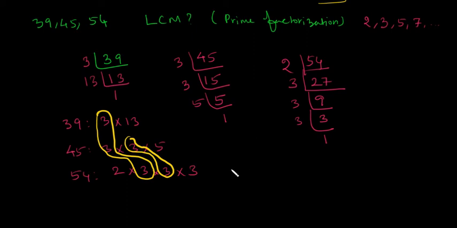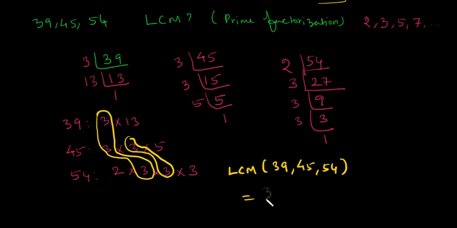Okay. So how will you find the LCM of 39, 45 and 54? Do one thing. You group these 3 as 1. You write these 3 as 1.